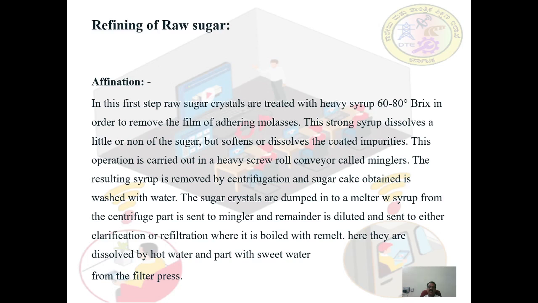These sugar crystals are dumped into a melter, where syrup from the centrifuge, a part is sent to mingler and the remainder is diluted and sent to either clarification or refiltration, where it is boiled with remelt. Here they are dissolved in hot water and part with sweet water from the filter press.